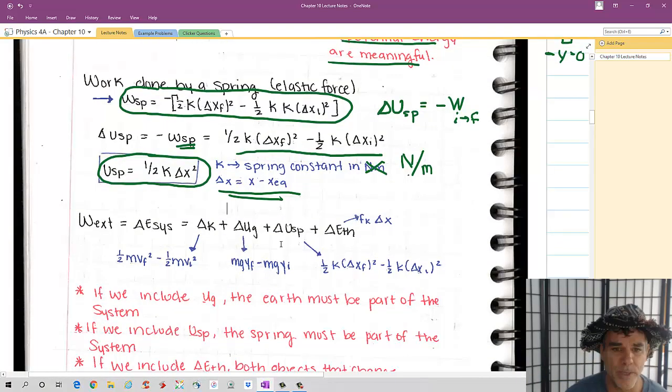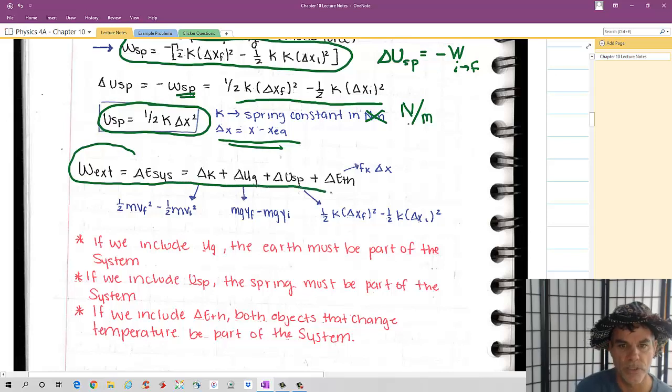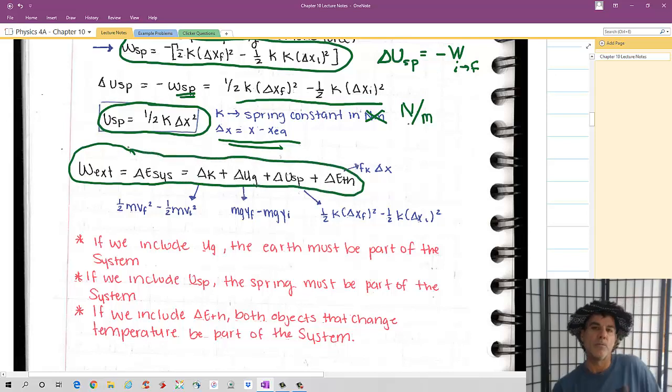So again, our big equation is the work done by all external forces equals the change in energy of the system. Now we're looking at 4 different forms of energy that can change. I've got kinetic energy, 1/2 mv squared, so delta kinetic energy is 1/2 mv final squared minus 1/2 mv initial squared.